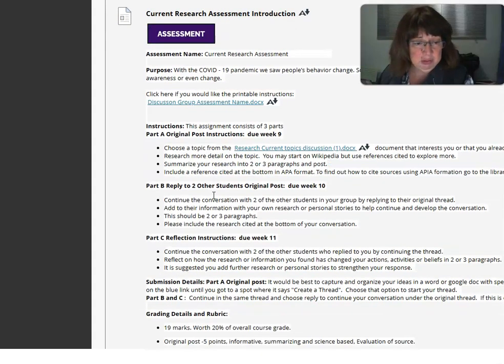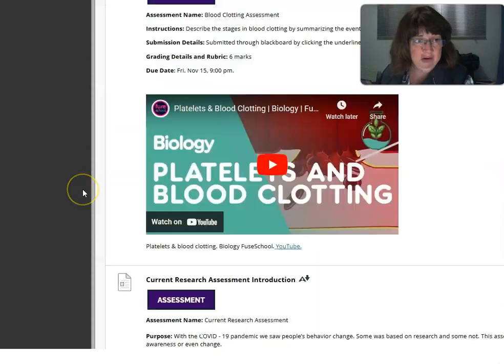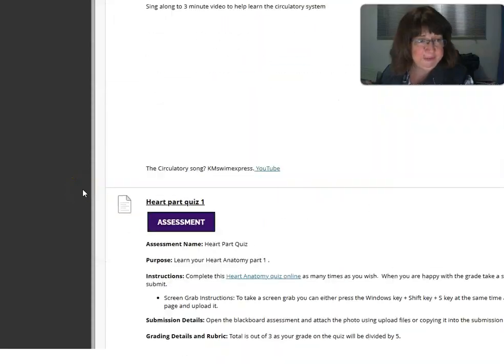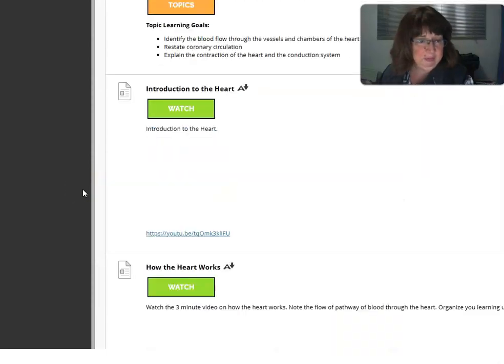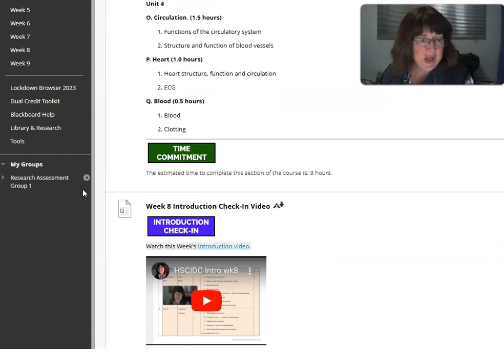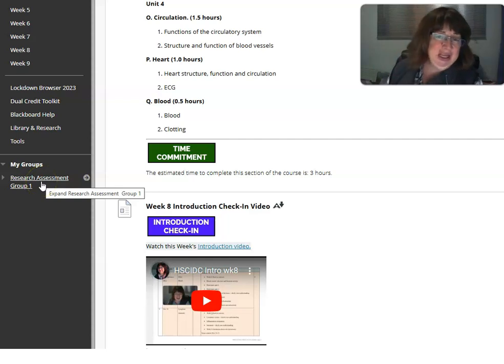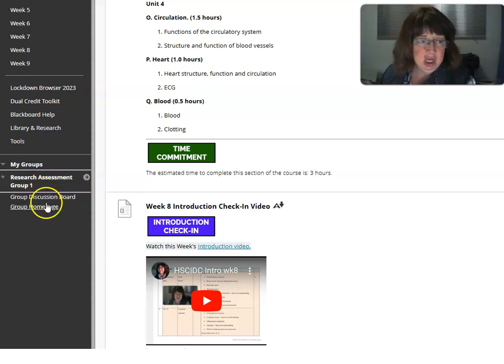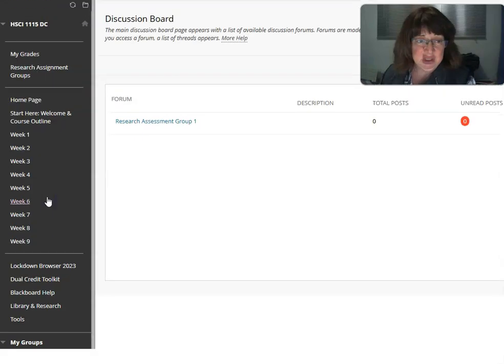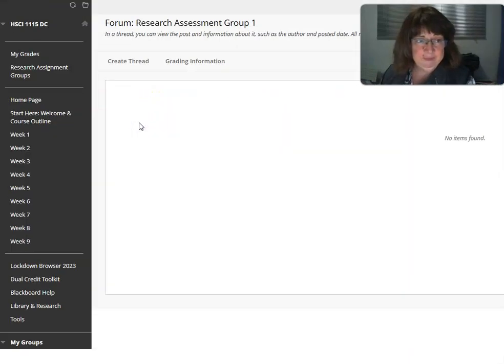You are going to post it in Blackboard, at the very bottom. Right down here, it's your group research, your research assessment, and you'll be either in group 1 or group 2. And when you're ready to post, you will go to the discussion board. When you are here, group 1, you will create a thread and you will copy and paste your information there.